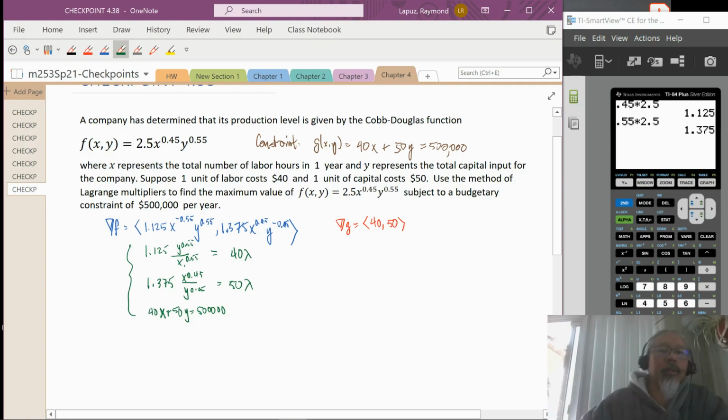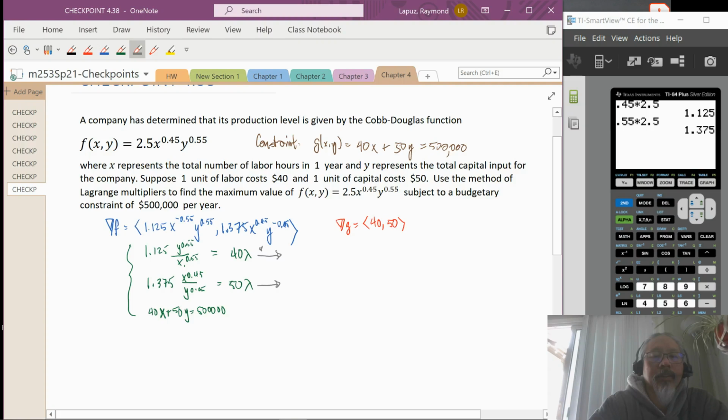So why don't we take a look at combining these 2 equations. We'll multiply maybe the first one by 5 and the second one by 4 so that we can have matching right-hand sides, and then we'll set them equal to each other.